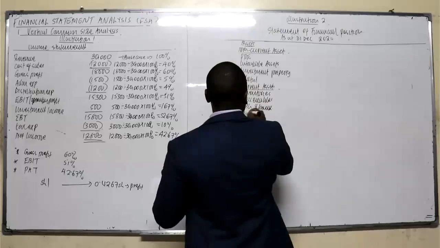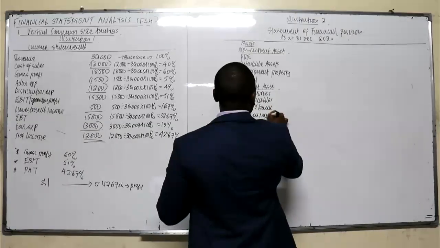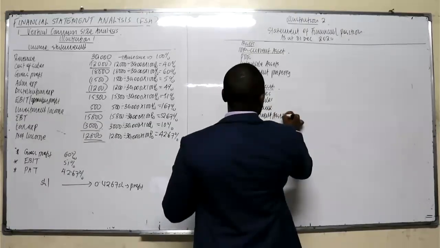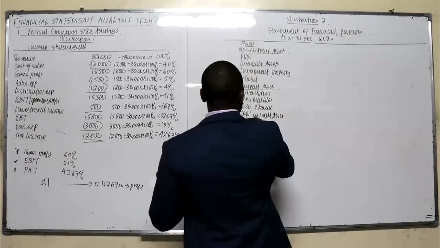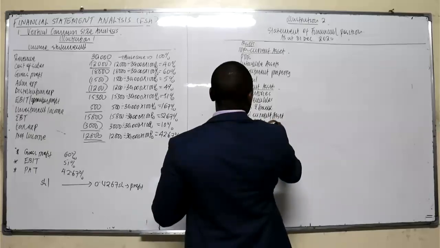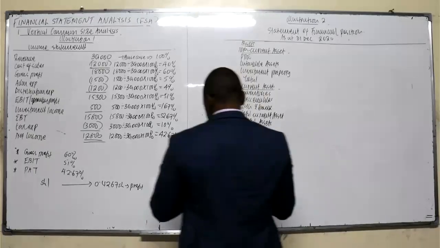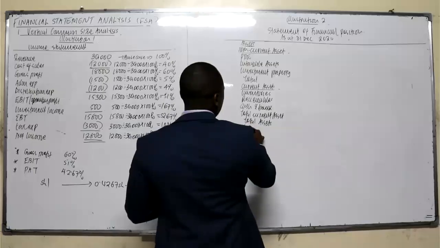We can get the total current assets. That's very important. Then we can get the total assets. Then we have equity and liabilities.